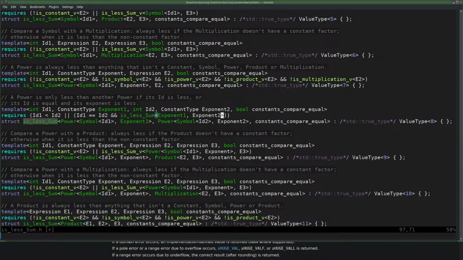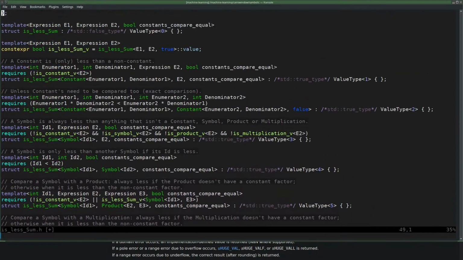Well, value. Comparing them not equal. So there's a constant false. That's this one.